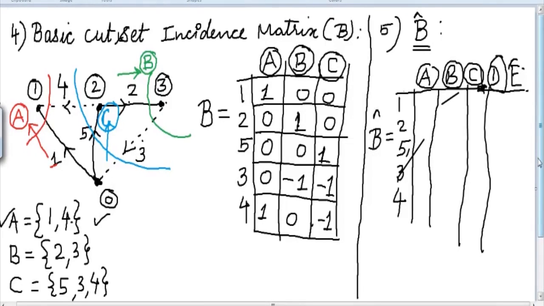Okay, so D and E we have written, and this D and E needs to be filled here.